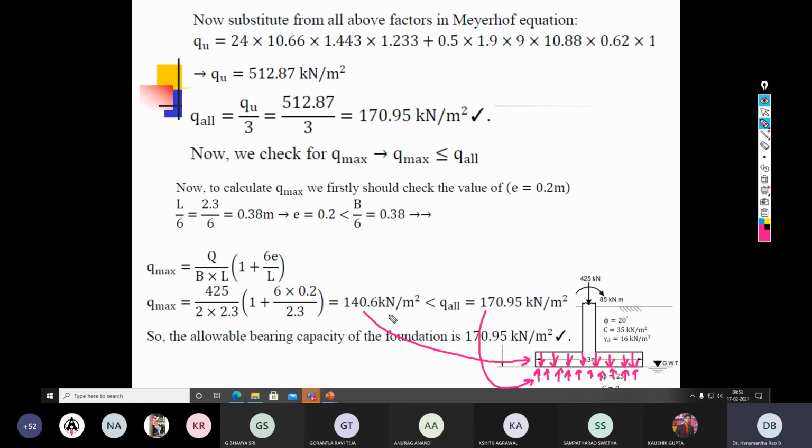Now suppose instead of 140, it is 180 and the soil bearing pressure is 170, what will happen? If the bearing pressure from the column is higher than the bearing capacity of the soil, what is the consequence?